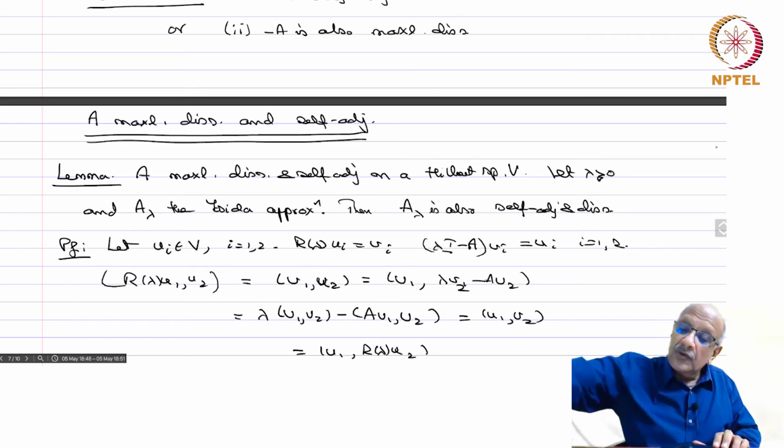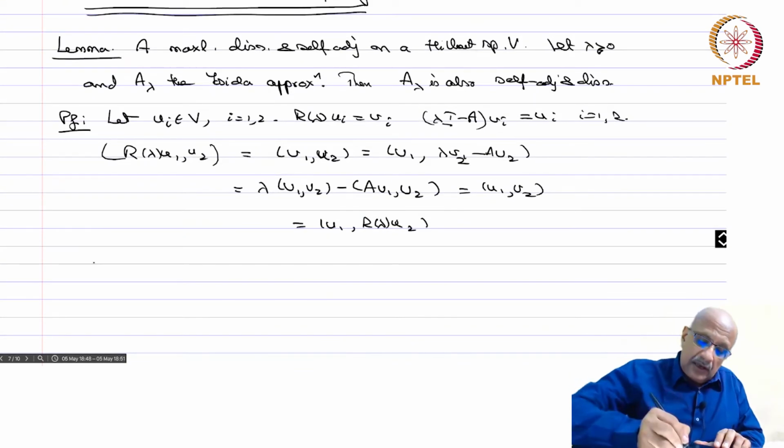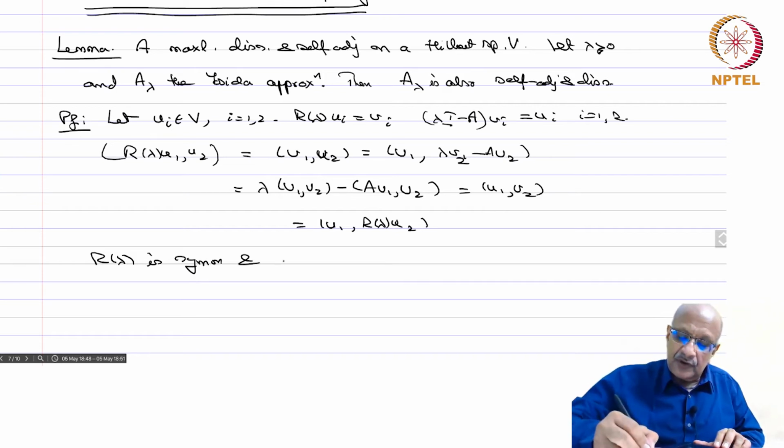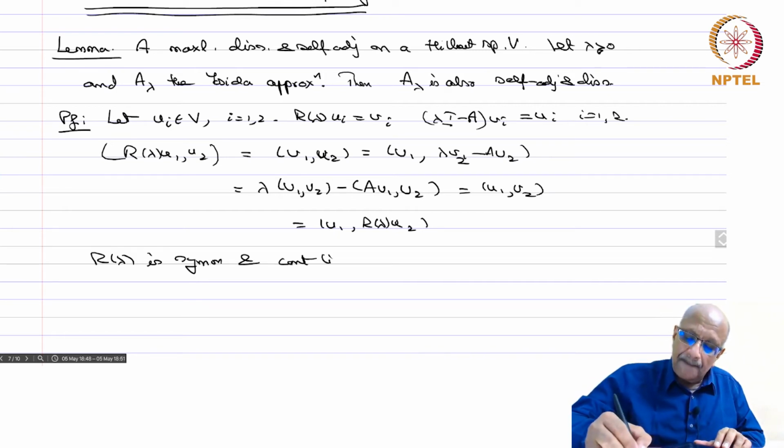Okay. So, this says that R lambda is symmetric, and of course, it is a continuous linear operator, implies R lambda is self adjoint.